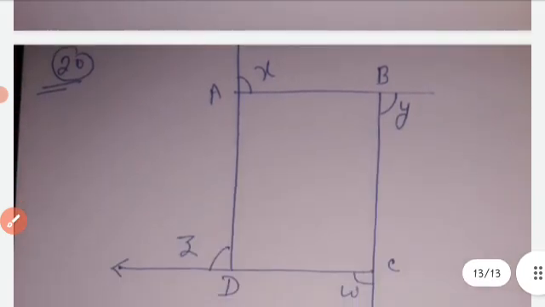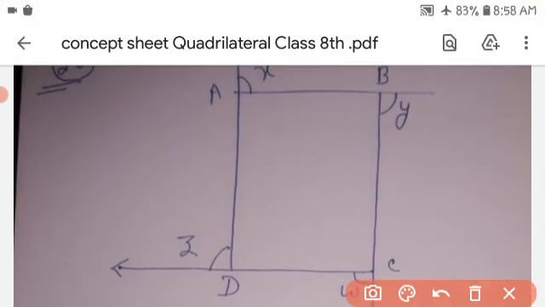Question 20. Angle A, angle B, angle D and angle C are here.